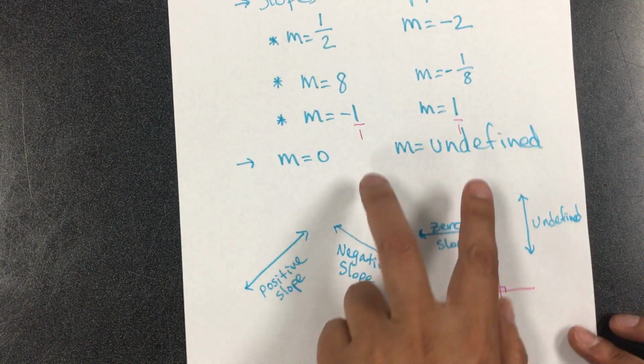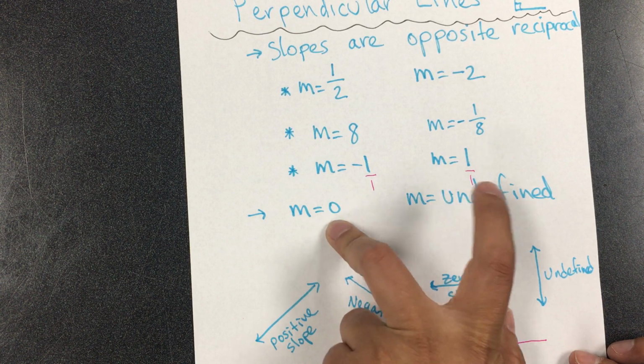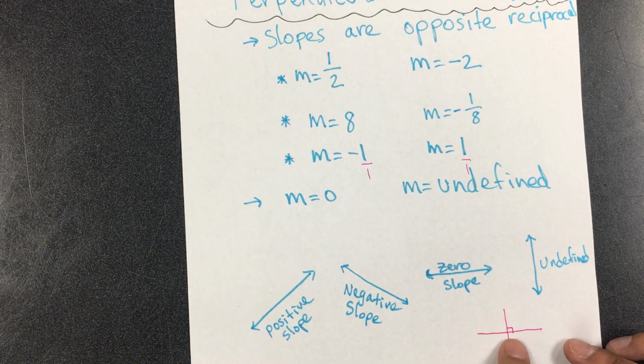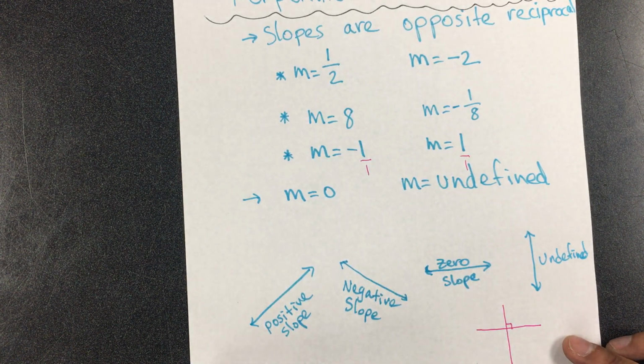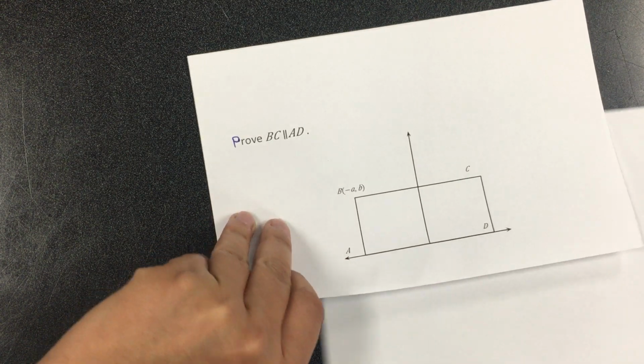So that's why, even if these are not opposite reciprocals, we know that the zero with the undefined form 90-degree angles, so they are perpendicular lines. Okay, now that we have that clear, we're gonna start practicing some of this.